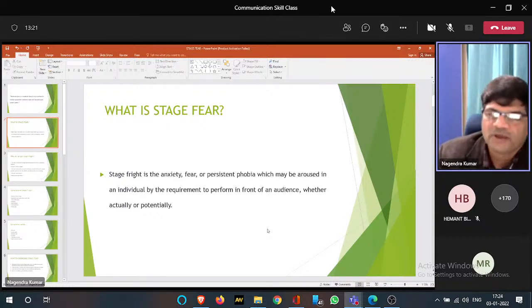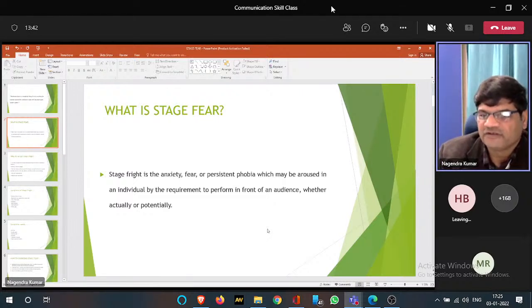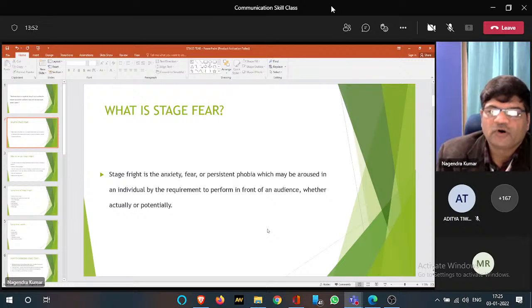On the other hand, if you come from a family of reserved people, where people speak less, people mix up with other people less, there are less visitors, children are not allowed to share space with their elders or the visitors or the strangers, obviously you will develop this kind of a habit in which you will fear going into the public. So stage fear may be experienced by different people in different manner.